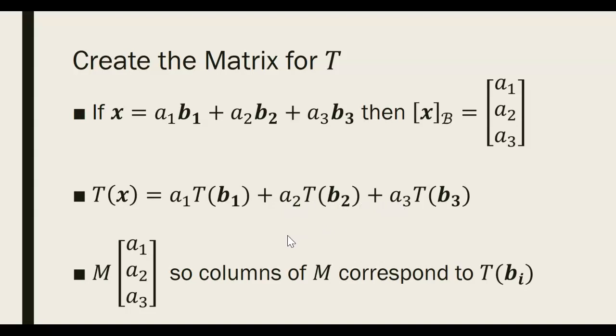Now what this should tell you is that the columns of M are going to correspond to the images of where my transformation sends a basis element, especially the basis elements for basis B. So if I multiply the matrix M times A1, A2, A3, the columns are essentially what happens to the basis elements under my transformation.